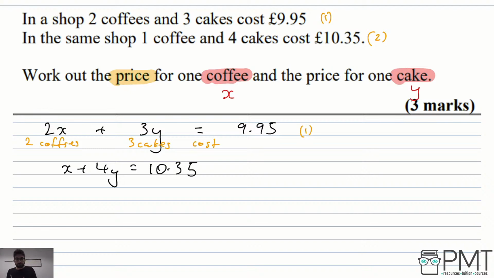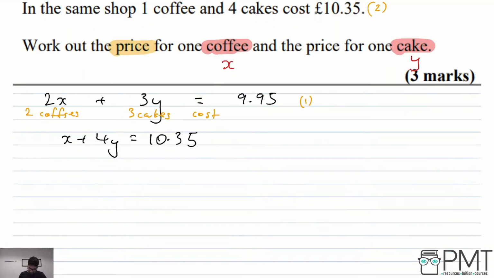Great. If you got here, you have done the tricky part of the question. Because if you're happy solving simultaneous equations, you will be able to do it just as a simultaneous equation question now. It doesn't matter it's talking about coffees and cakes in a shop. So let's solve this.